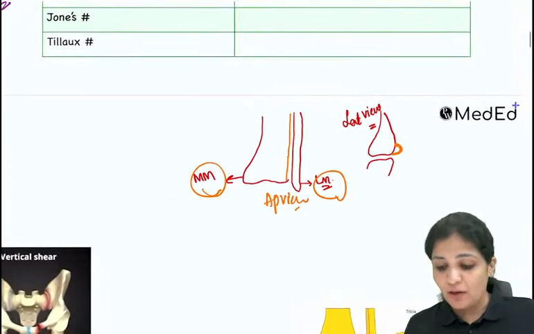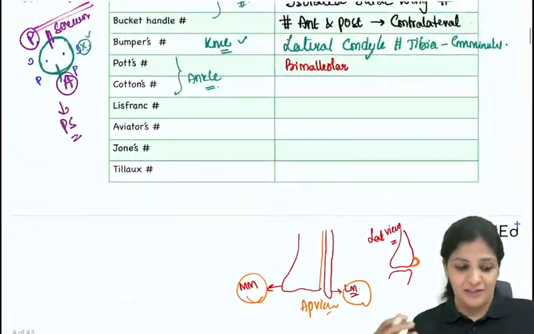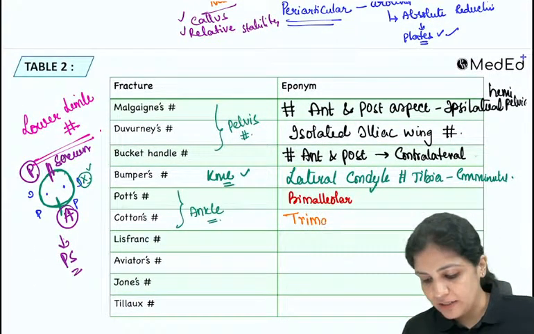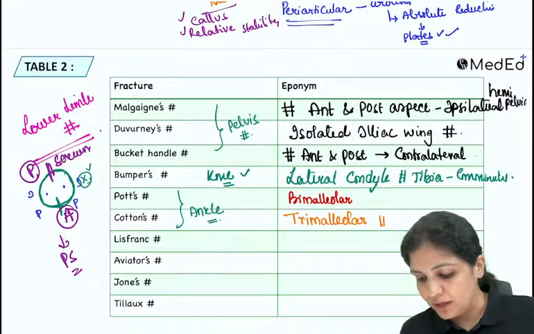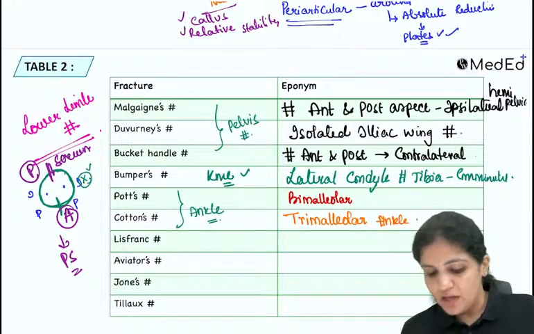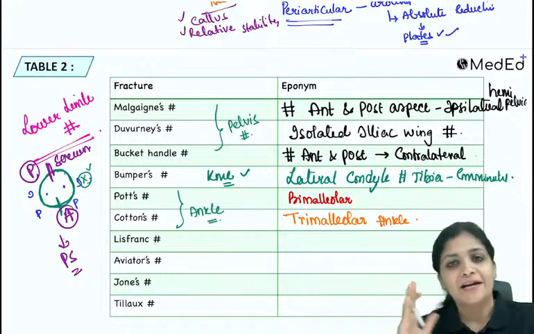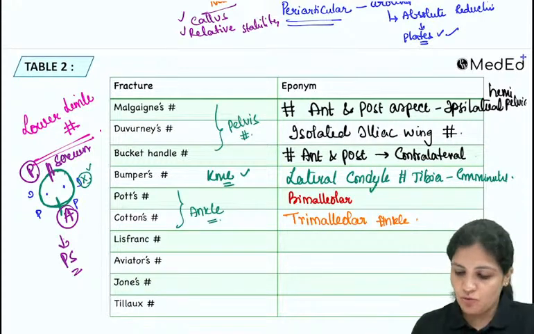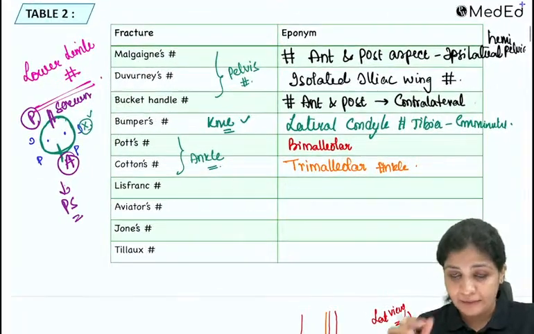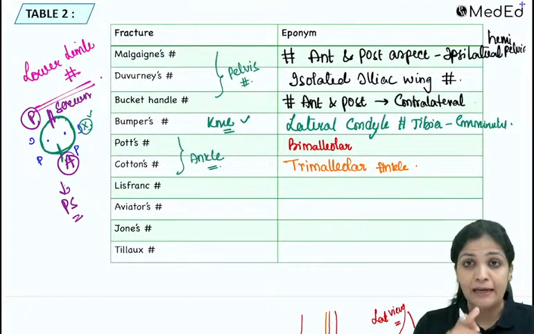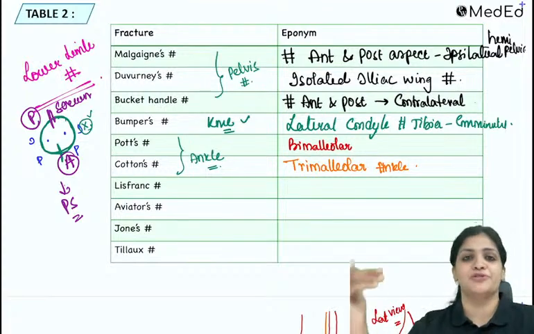Whenever all three malleoli are fractured, that is called Cotton's fracture, a trimalleolar ankle fracture. So remember, Pott's is bimalleolar, Cotton's is trimalleolar, right? That is how you have to remember. And remember, there are three malleoli in the ankle: medial, lateral and posterior malleolus.